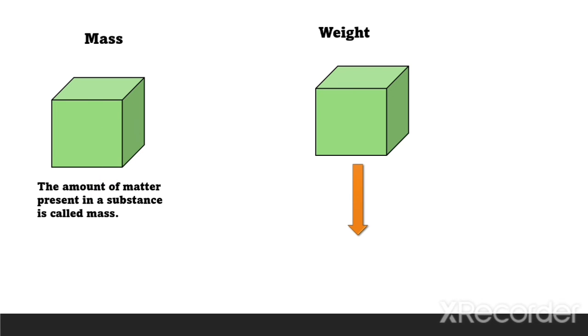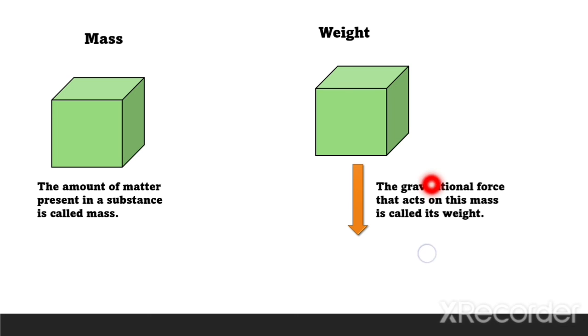But weight is not the amount of substance present in it. Weight is actually the gravitational force acting on this mass. So weight is a force. Which force are we talking about here? Gravitational force. The gravitational force acting on this box is known as the weight of this particular object.